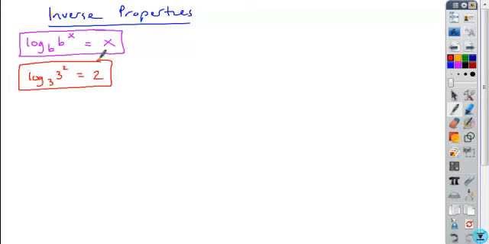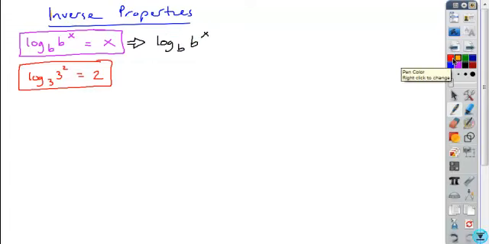Now, if you want to verify it, or if you don't remember how this process works, the verification is this: take the original equation without setting it equal to x. So let's say I take this form, log base b of b to the x, and I don't know what it's equal to.